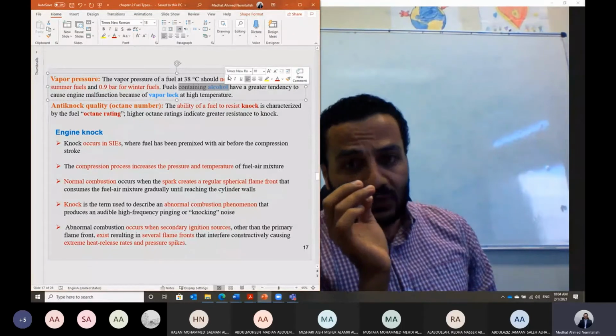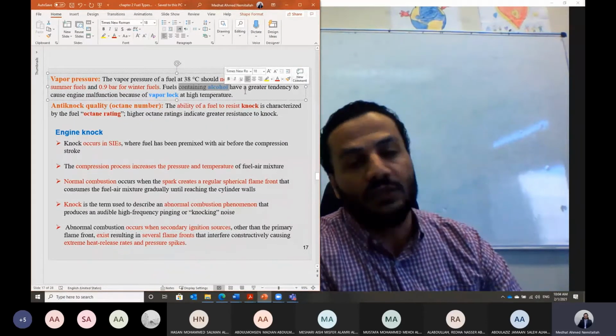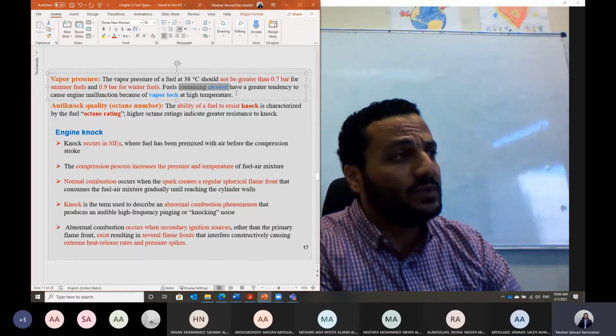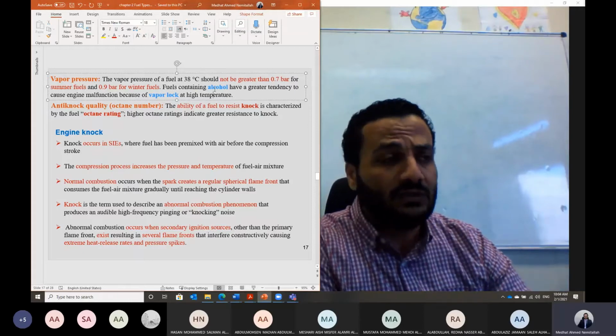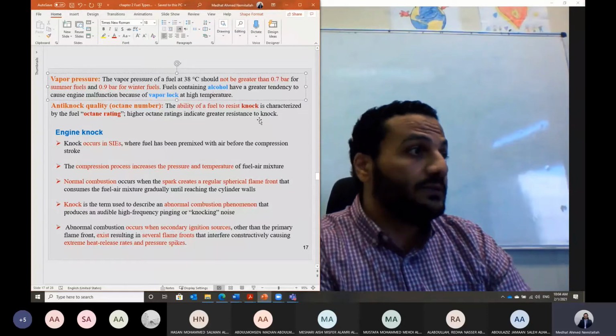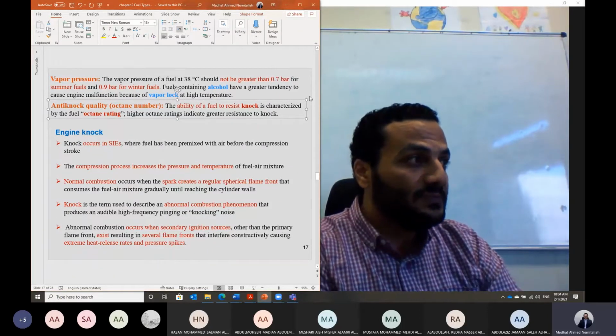At the engine cold start, most of the alcohol in the fuel will be evaporated, and it will result in vapor lock. So this is one of the main reasons that we have to be specific when adding alcohol to the fuel for the gasoline engine, especially at the cold start. This is where we stopped last time.